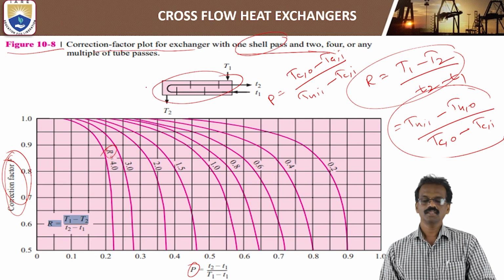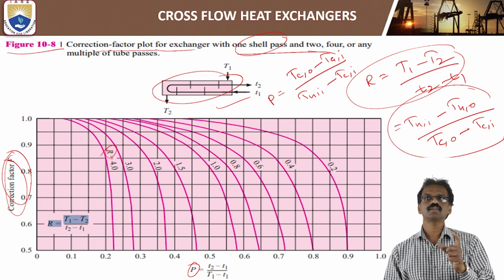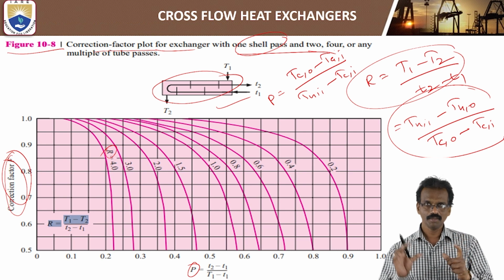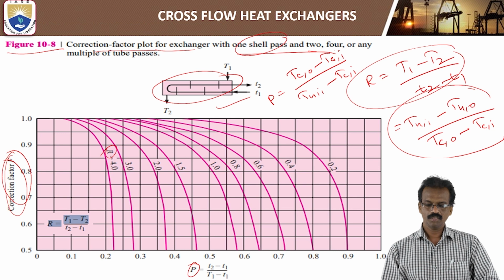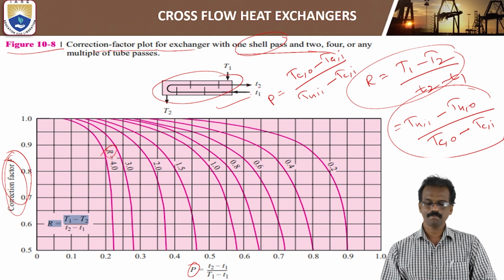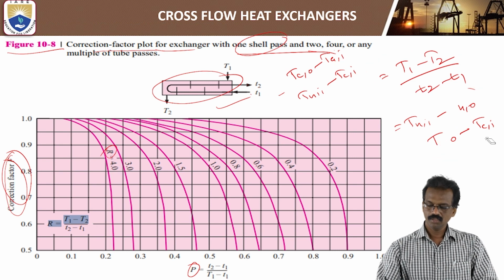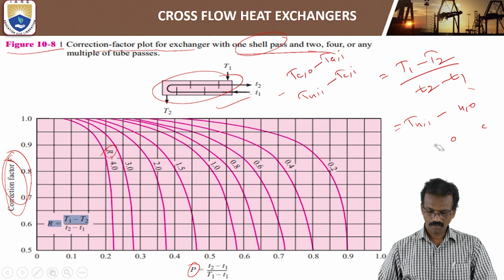So this figure shows one shell and many tube passes, meaning either 2 or 4 or more. For this one we have to use this type of figure. Next we'll see another figure.